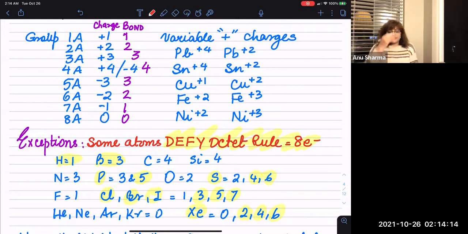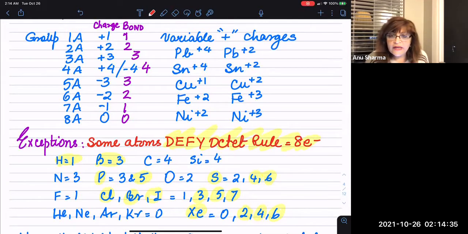Okay, so anyways, in general the trend is that all group 1A elements are going to form a +1 charge and will only make 1 bond. Group 2A elements will form +2 charge and will make 2 bonds. Group 3A elements will have +3 charge and will make 3 bonds.